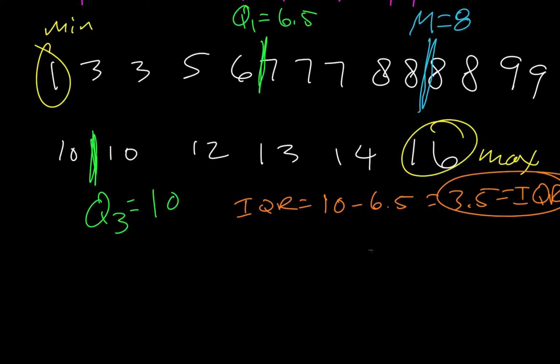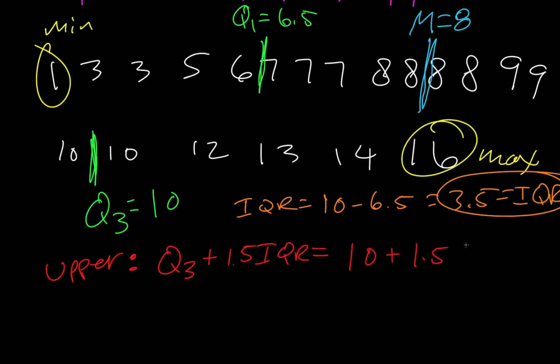And remember, to see if we have any upper outliers, we're going to take the upper quartile, or Q3. So it's just going to be Q3 plus 1.5 IQR. And so that's going to be 10 plus 1.5 times 3.5.